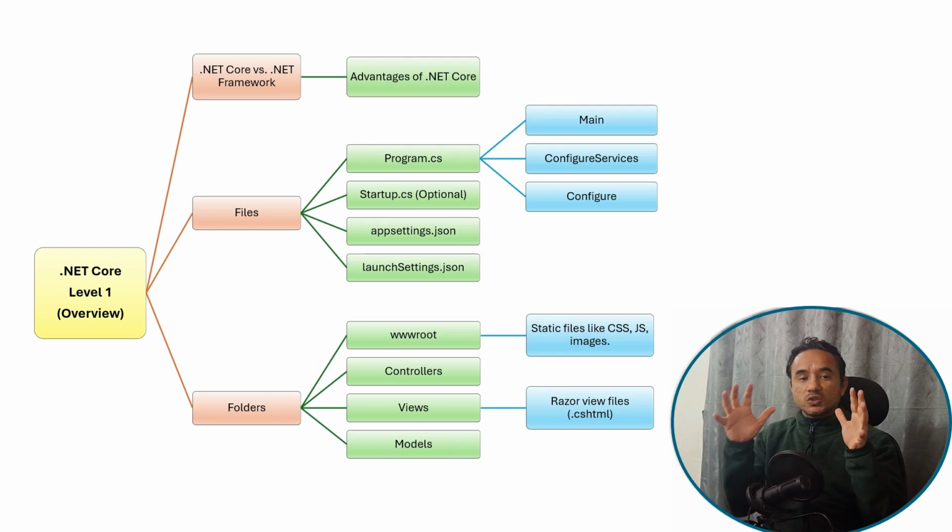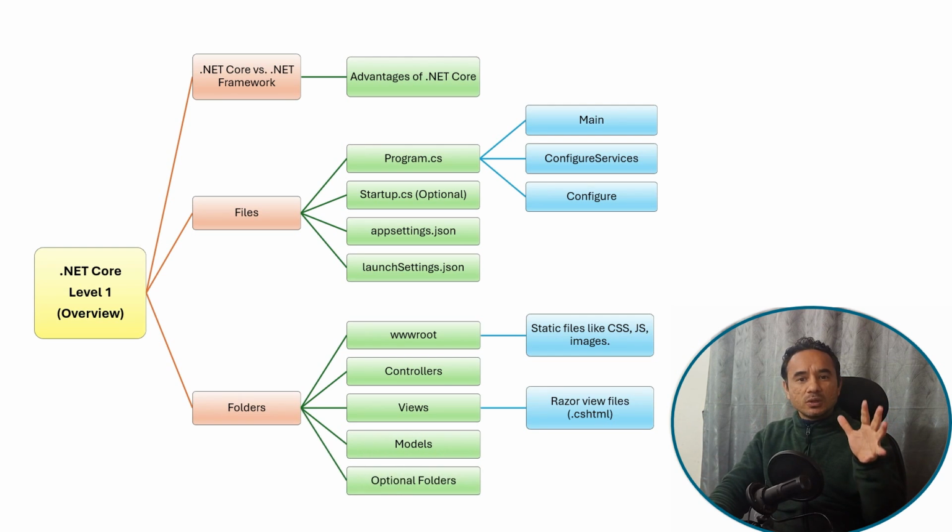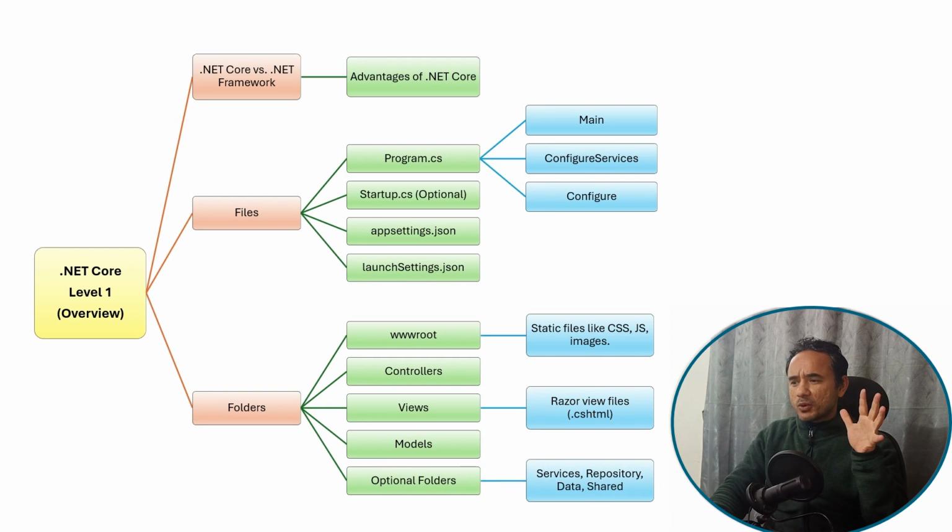Okay, with me? Now there are some optional folders also, like services, repository, data, shared, but these depend on the project. Okay, it is not mandatory that you will have these folders, but mostly projects will have them. All right, so that is a good start of level 1.